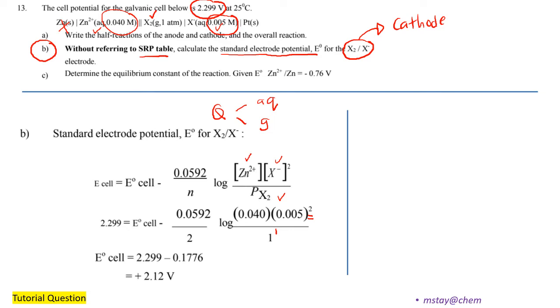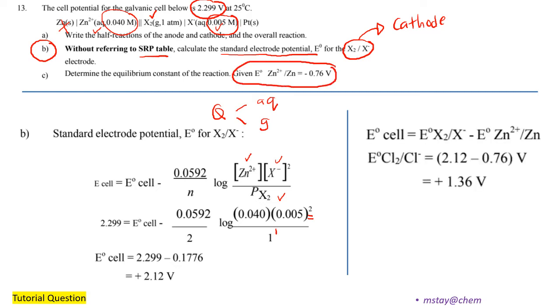Then by pressing the calculator, we will notice that E naught cell equals positive 2.12 volts. And here we are given the E naught for the anode. By using the formula E naught cathode minus E naught anode, we are able to get the answer: 2.12 minus 0.76, which equals positive 1.36. If you refer to the SRP values, you will notice that X actually refers to chlorine gas.